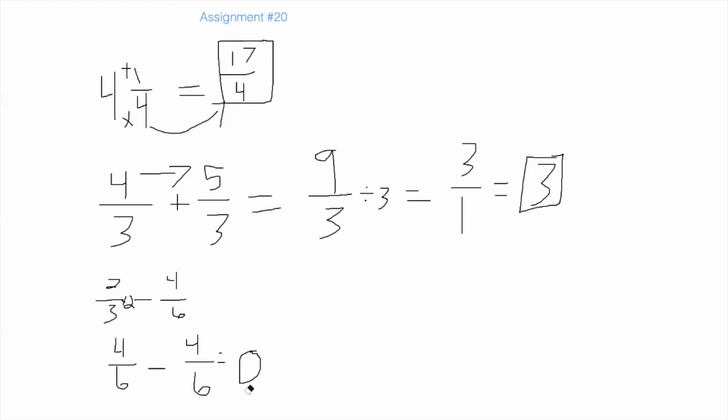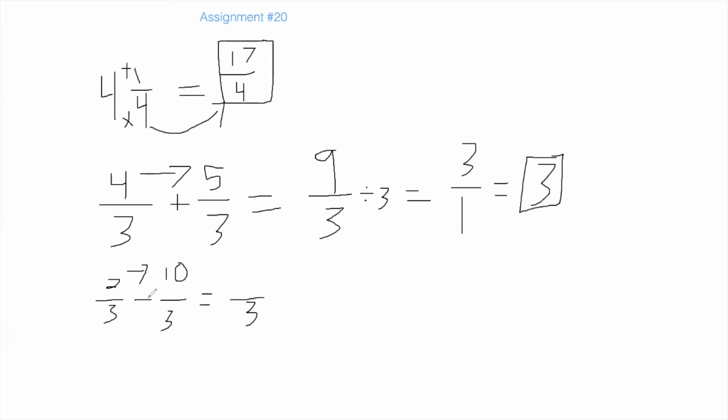Now let's say that we have a larger number. So like, let's say we have 10 over 3, something like that. So in this case, if you have 2 over 3 minus 10 over 3, then all you're doing is just subtracting the top ones because the bottom numbers are the same. So the bottom number will stay the same.